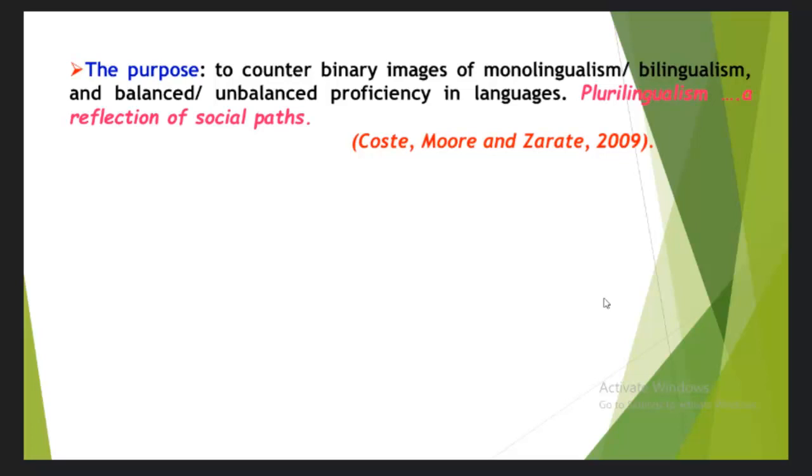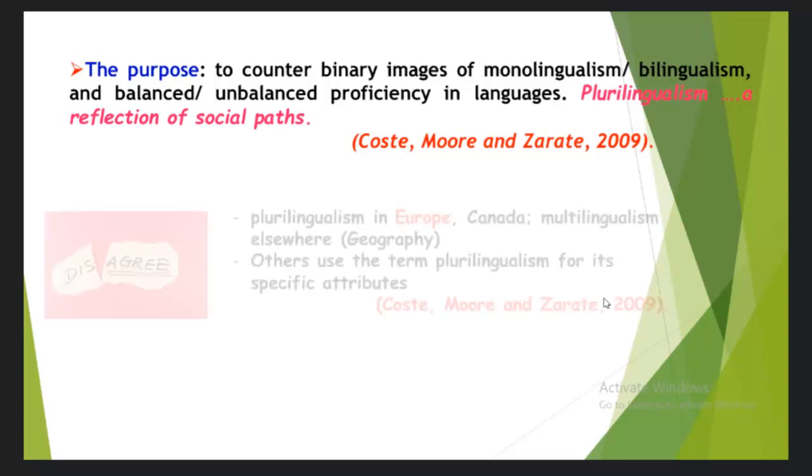When you were monolingual, you were very good at that language. But if you are bilingual, maybe you are good at two languages, but sometimes there is an imbalance in proficiency between the two languages. And the existence of multilingualism or plurilingualism came into being to avoid such terms, right?